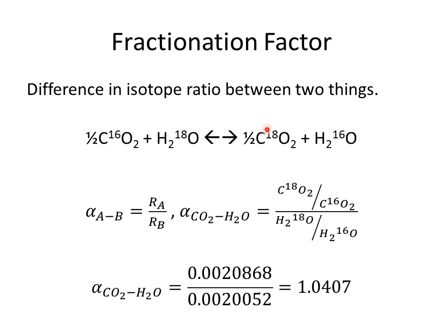That would be the same as O18 divided by O16 in the CO2, divided by O18 in the water divided by O16 in the water. So you basically end up with this equation here.